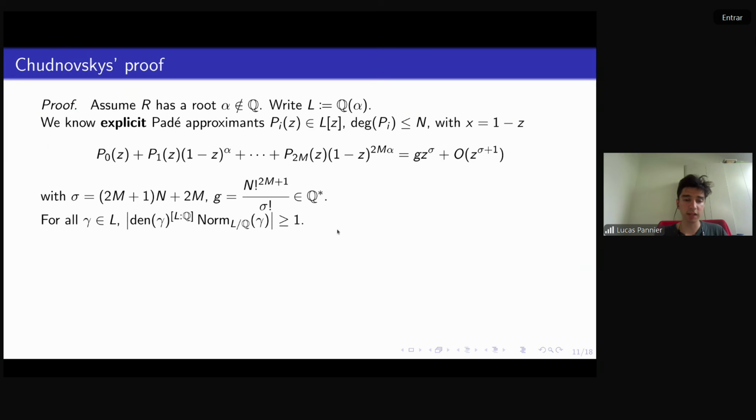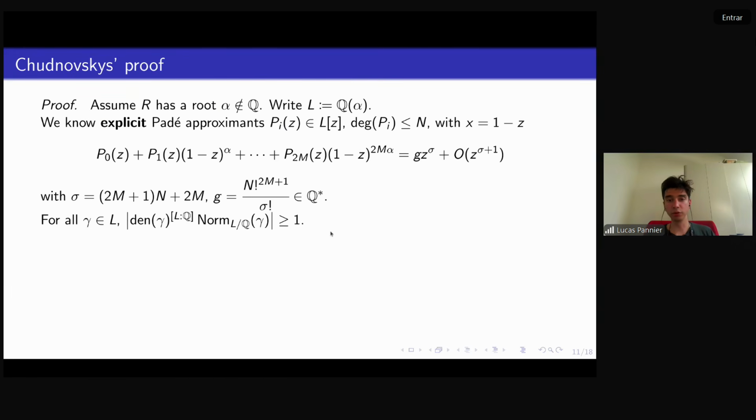Let me just state that the denominator of an algebraic number is the smallest integer such that this denominator times the algebraic number becomes an algebraic integer. So if we now consider gamma in L to be non-zero, I should have said that, and we multiply the norm of gamma by the appropriate power of its denominator, then this should be greater than 1 in absolute value.